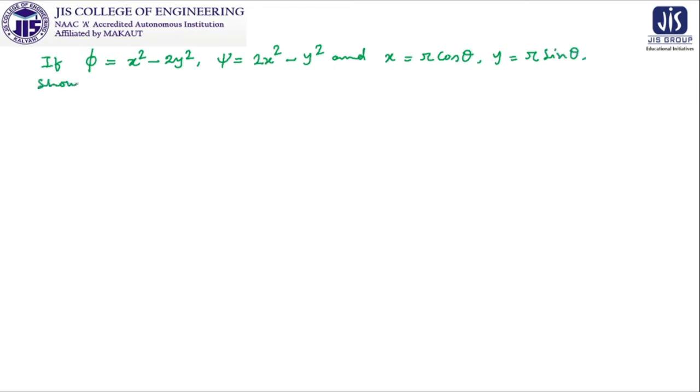Here the question is, if phi is equal to x square minus 2y square, psi is equal to 2x square minus y square, and x is equal to r cos theta, y is equal to r sin theta, show that del phi psi by del r theta is equal to 6 r cube sine 2 theta.